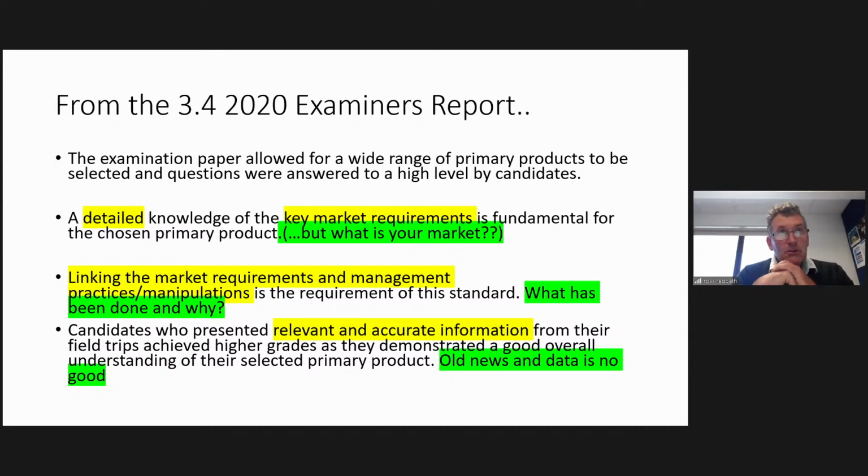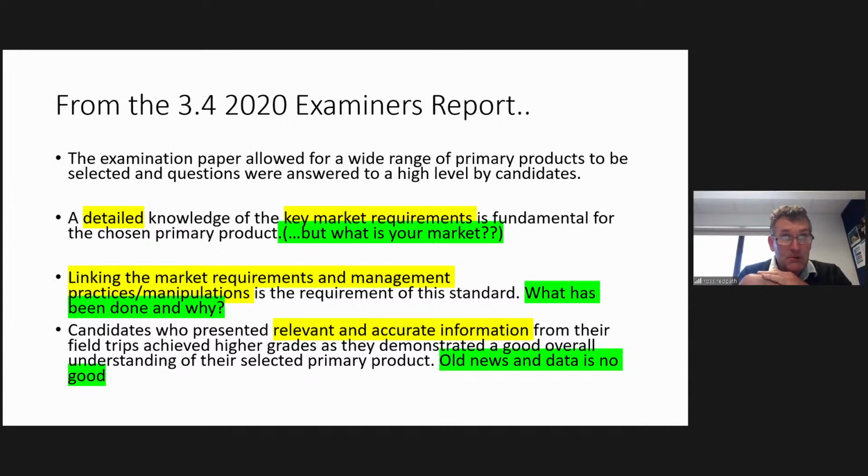What is often overlooked is the fact that the production of our primary products, whether it's lamb, apples, kiwi fruit, wool, avocados, asparagus, you name it, is actually produced for a specific market.